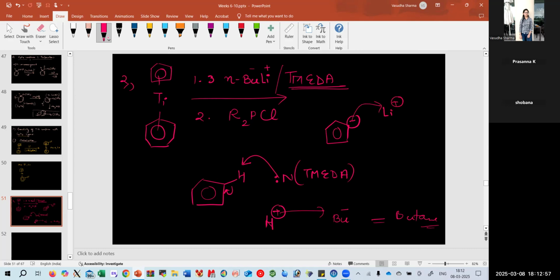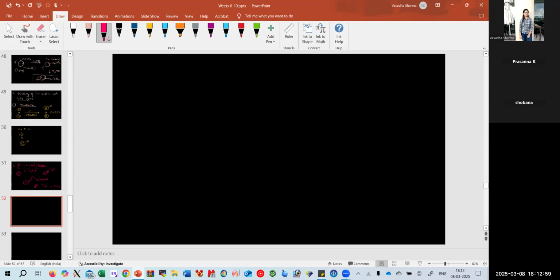So once lithiation happens, in this particular case, because we are using a very strong base, there is a possibility of deprotonating both sides. So we can have a lithium over here as well as here.